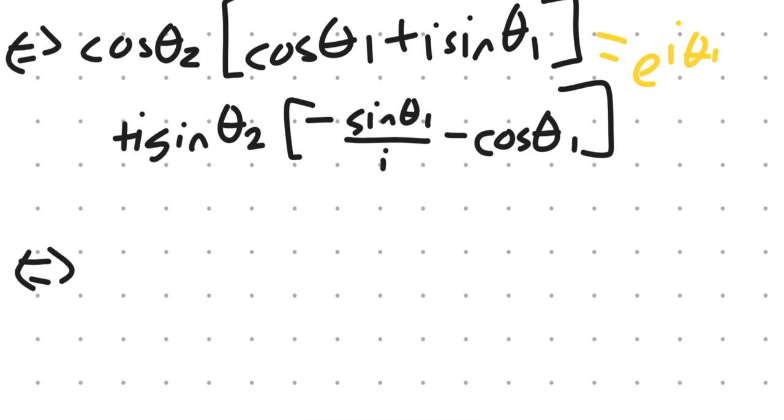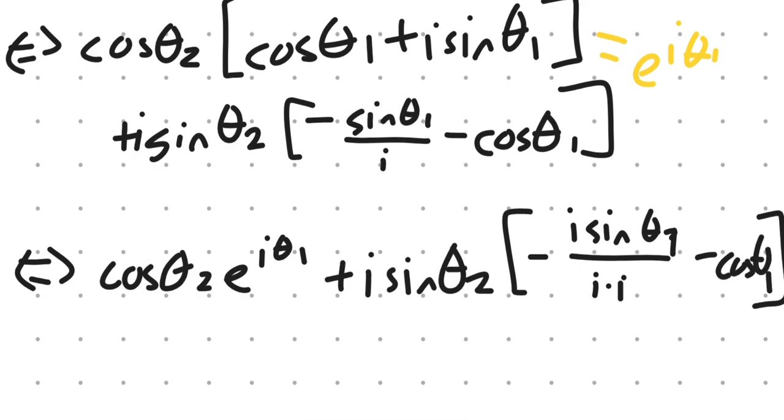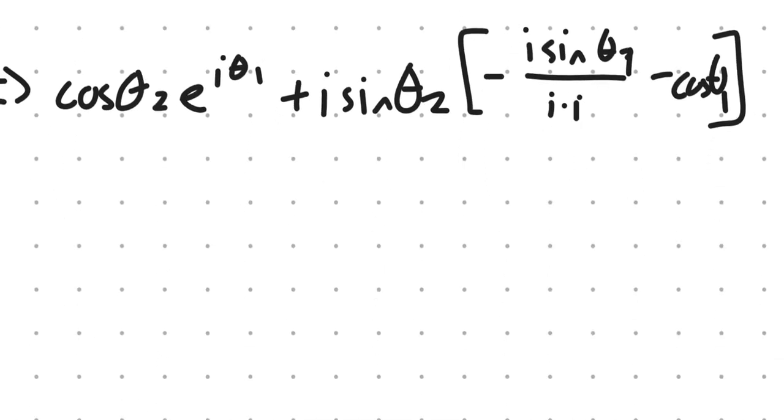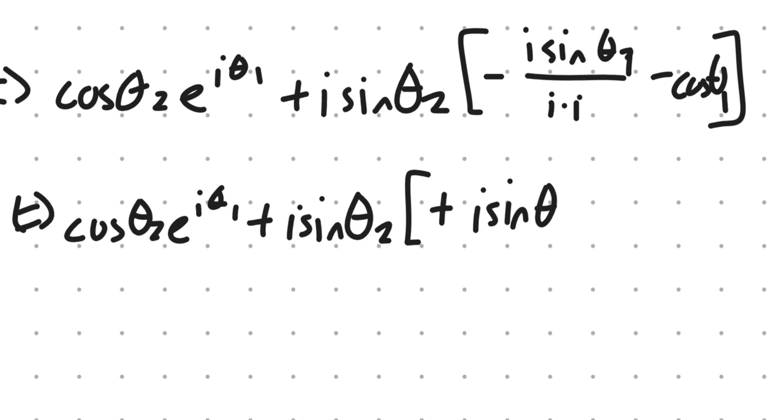So we can write it down as cosine theta 2 e to the i theta 1 plus i sine theta 2 times, now we're going to multiply both the numerator and denominator of the fraction by i, and then we will get cosine theta 2 e to the i theta 1 plus i sine theta 2 times, negative becomes positive, i sine theta 1 plus cosine theta 1.